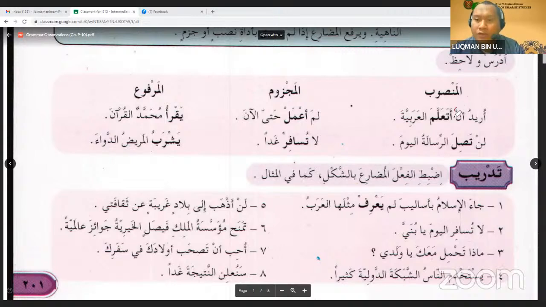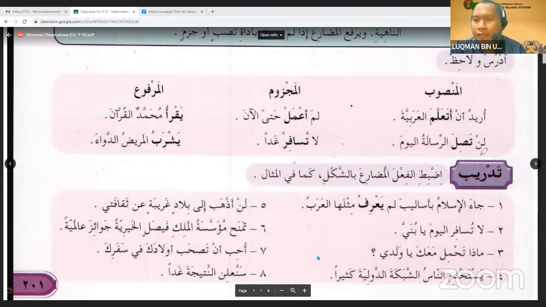What the function of this is that it makes the verb like a noun. So parang ginagawa niyang noun yung verb. Uridu an ata'allama. So pag tinranslate natin, I want to learn Arabic language. So this is translated as to. Uridu an ata'allama al-arabiyyata. I want to learn the Arabic language.